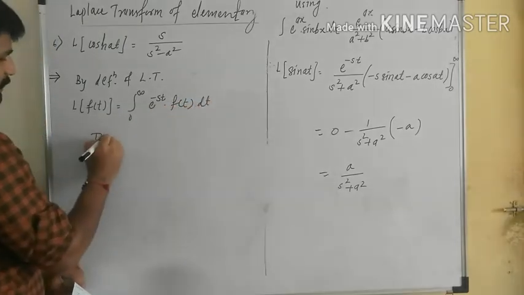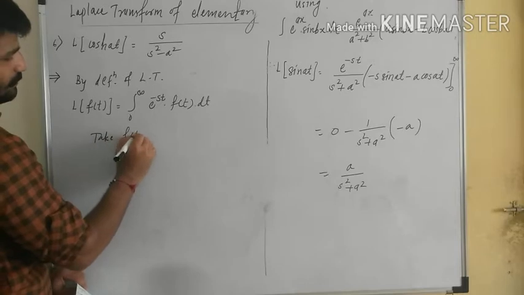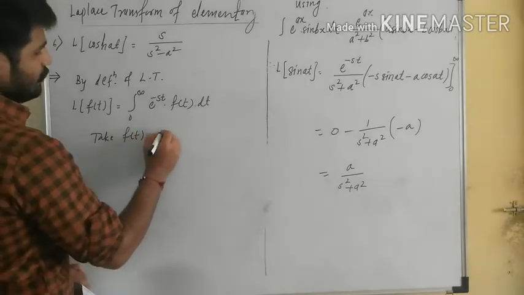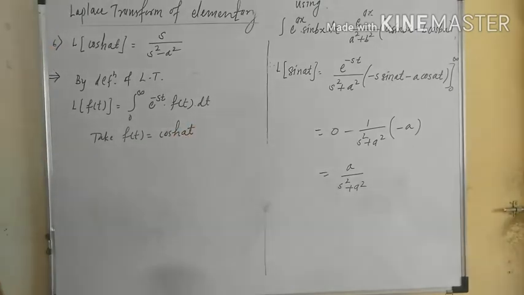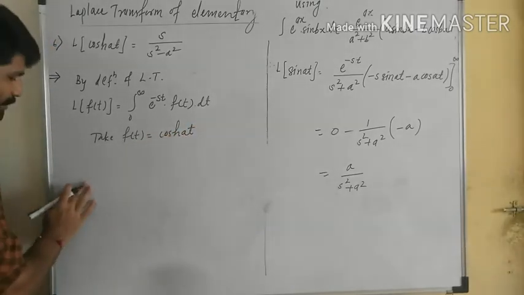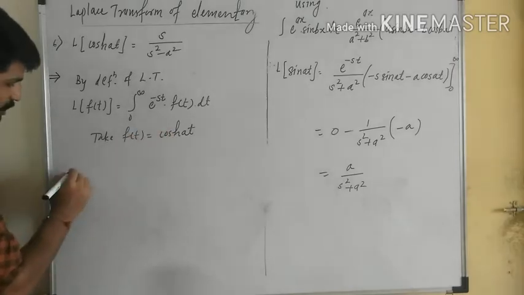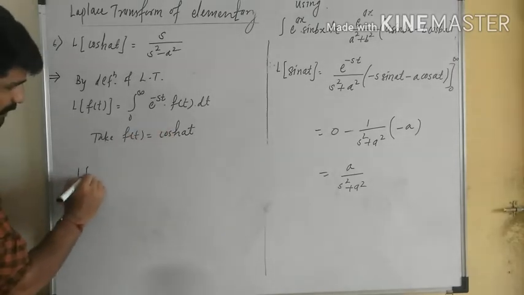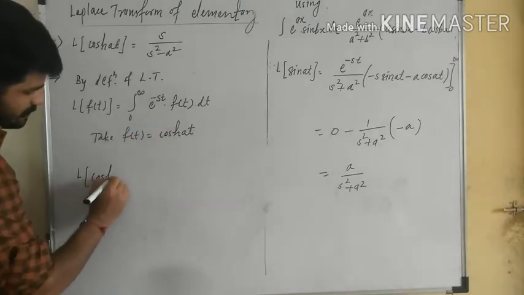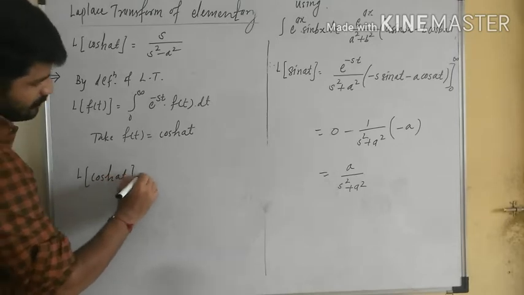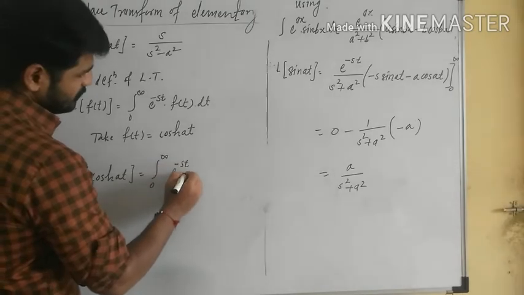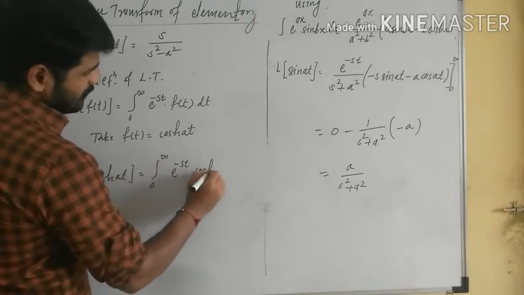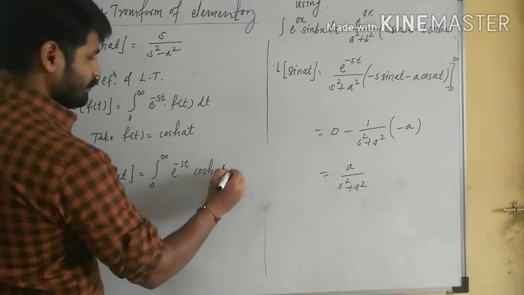Now we have to take f of t equal to cos hyperbolic at. So taking f of t equal to cos hyperbolic at, we can write Laplace transform of cos hyperbolic at is equal to integral from 0 to infinity e raised to minus st into cos hyperbolic at dt.